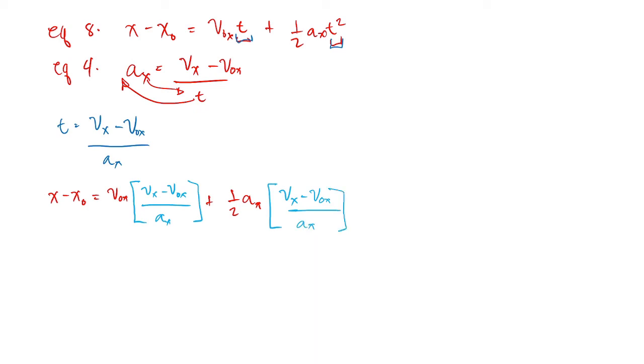So, upon simplification of this, medyo mahaba yung simplification, pero sige, pakita ko. And I will be using black for the overall simplification. So, pwede natin gawin muna, we just multiply both sides of the equation with this quantity, which is 2 times the acceleration.